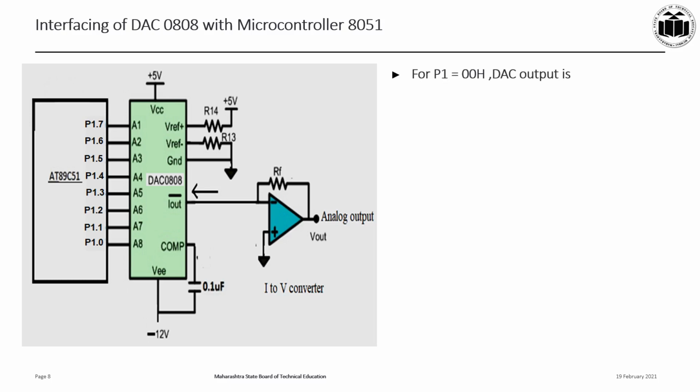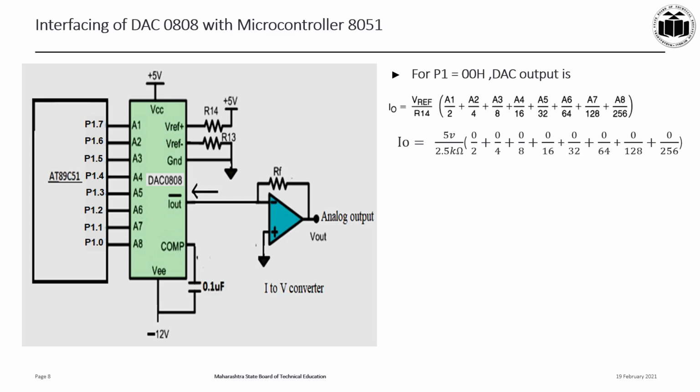Let us see what happens when we give digital input to the DAC. What if port 1 outputs data 00H? As port 1 data is 00H, all the 8 pins of port 1 are logic 0. This data is given to A1 to A8 pins of DAC. As a result, the output current of DAC is V reference upon R14.